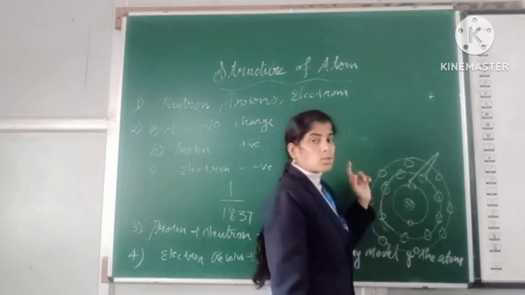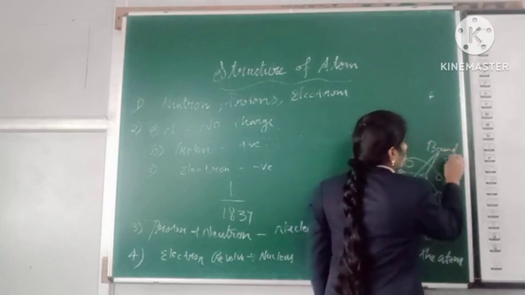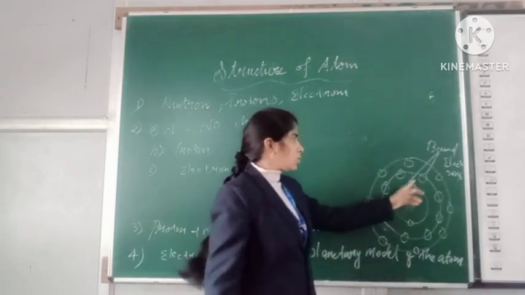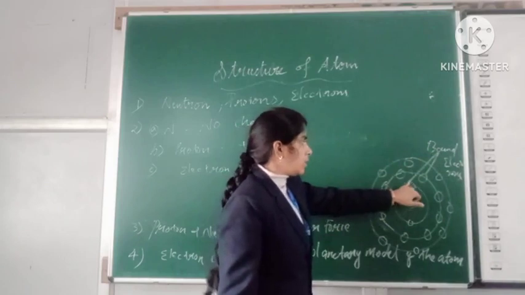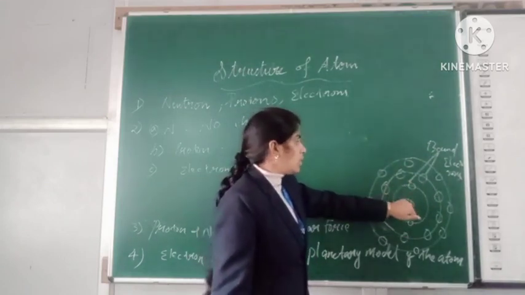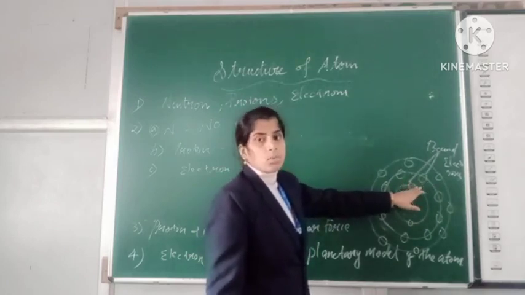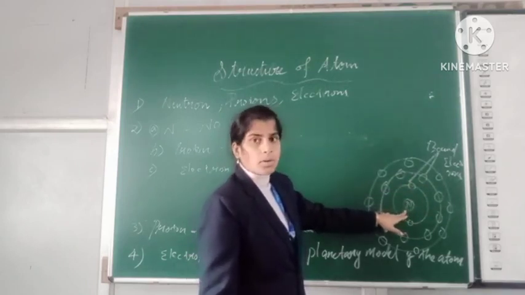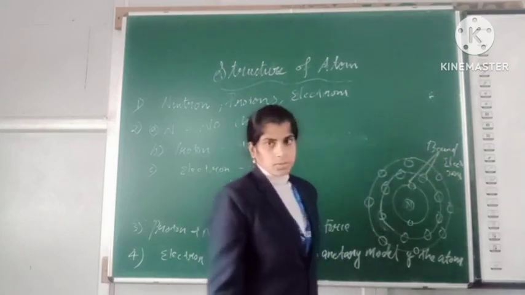So these electrons we call as what? Bound electrons. Once again, these two electrons are close to the proton, so they have a strong electric pull, which means a strong attractive force. Those electrons we call bound electrons. Is it clear?